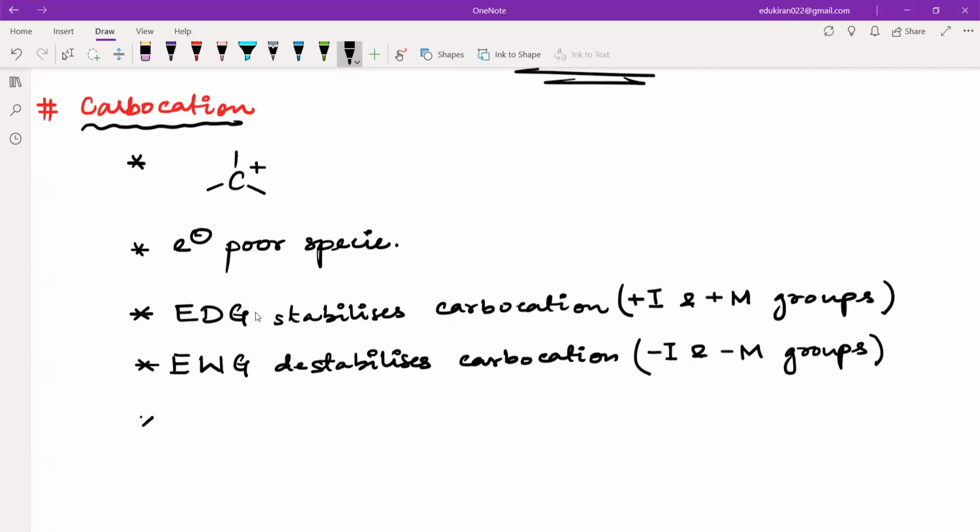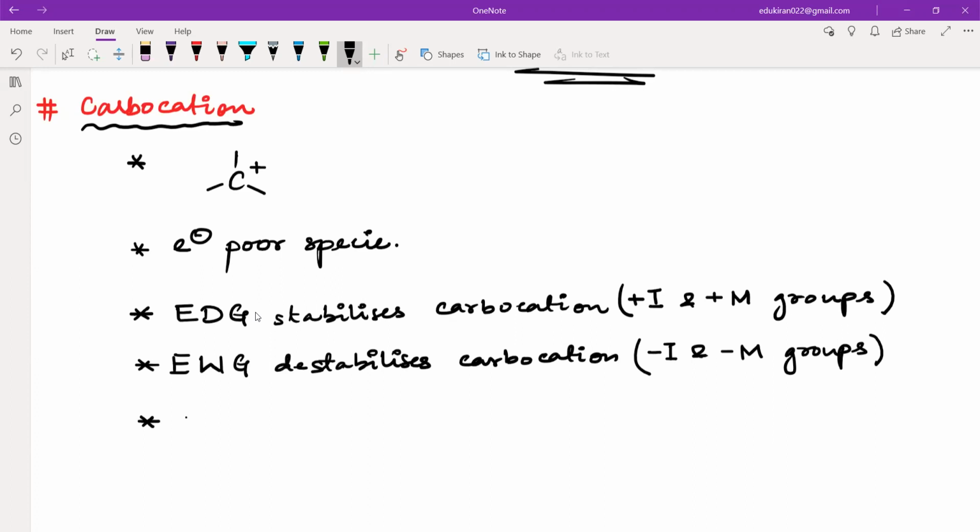Now, furthermore, we have generalized this point that wherever you have charge, and if there is a delocalization of charge, or a spreading of charge, that means that species, that molecule is going to be stable.